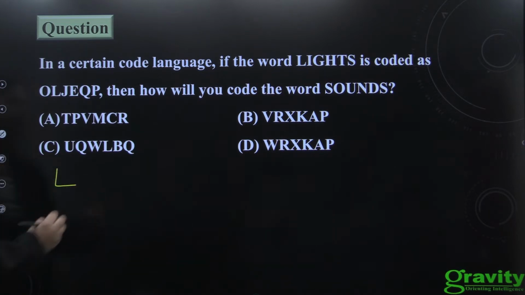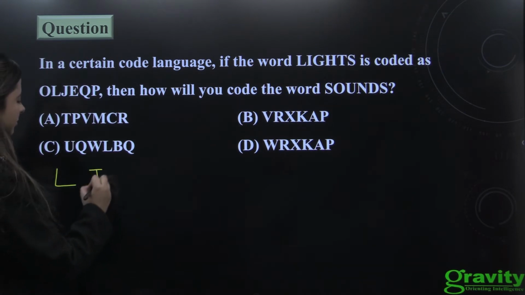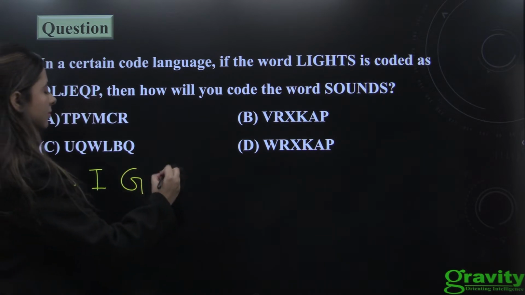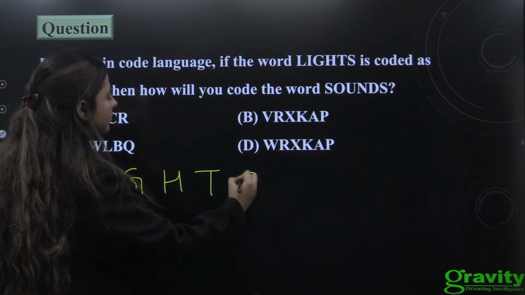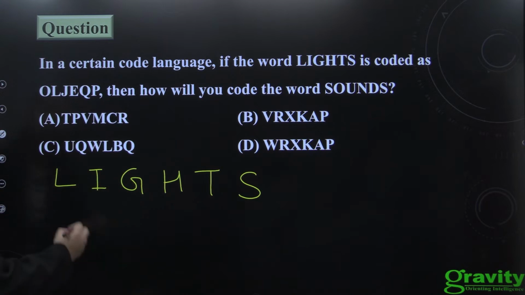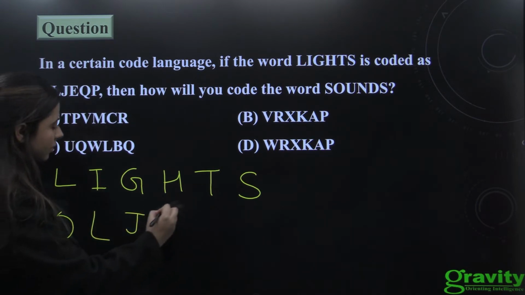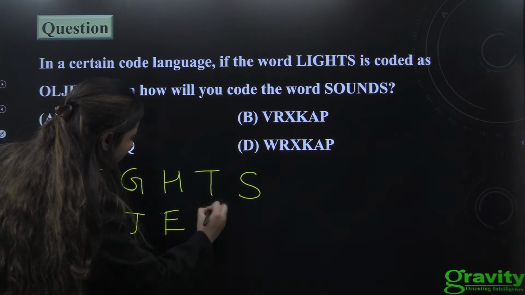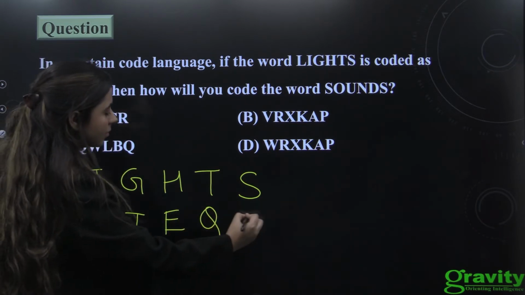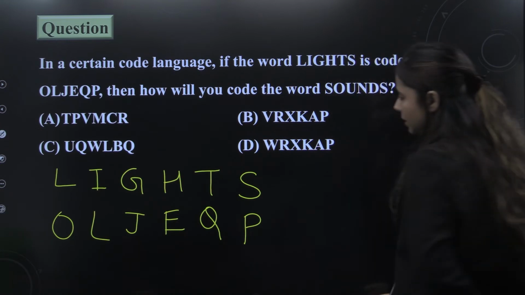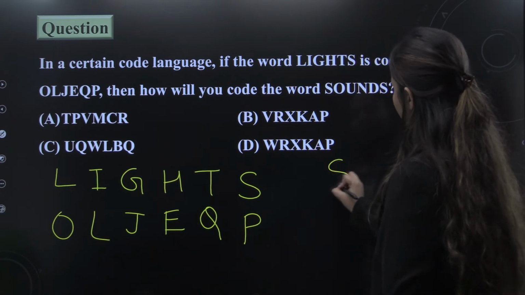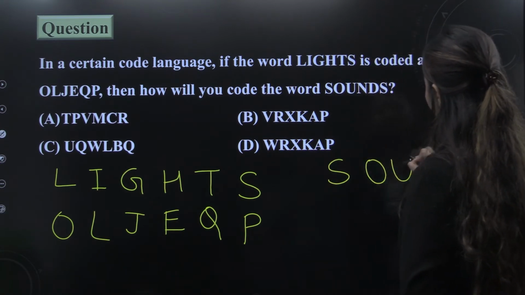Clear? Yes. Okay. Try this one. Option B. Correct. 3 added. Plus 3. Plus 3. And then we're leaving 2 letters and then writing.